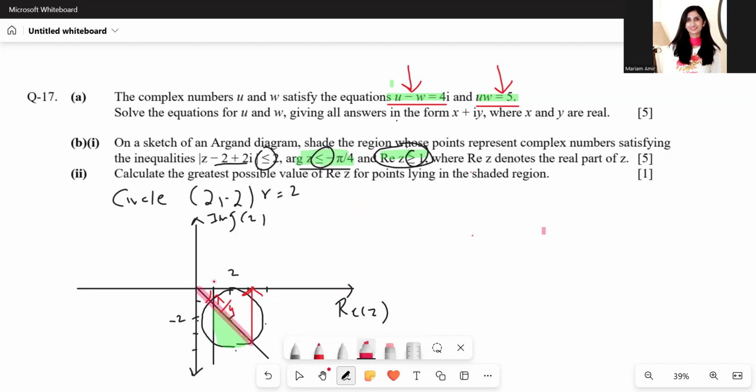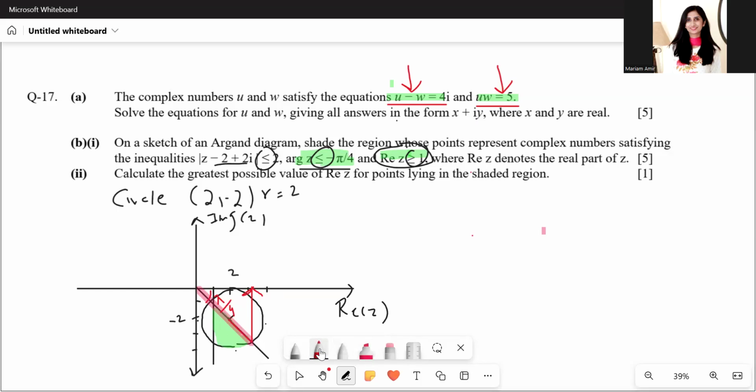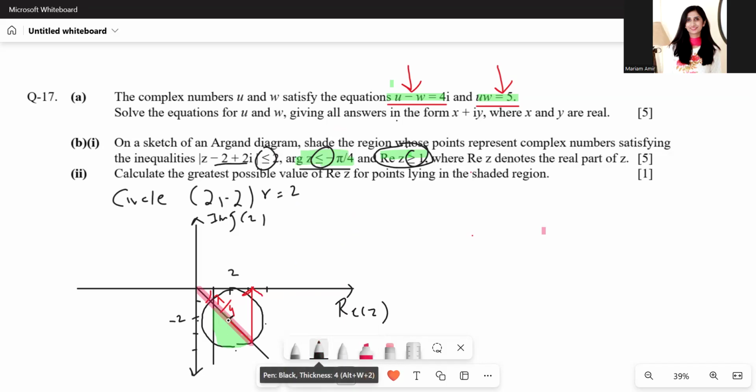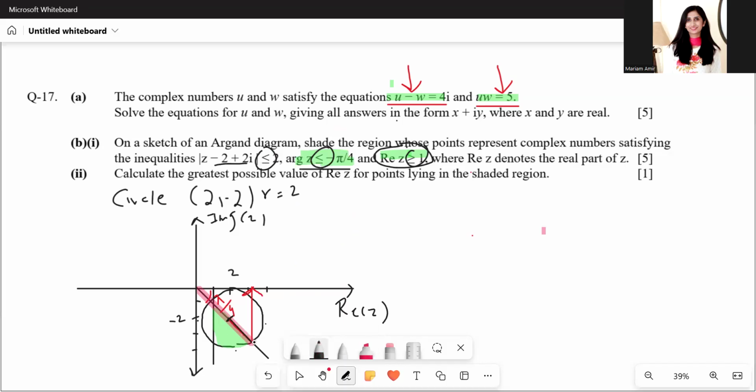How do we do that? We know the radius is 2. So this part is going to be 2. This part from here to here, it's going to be 2. And we will use the distance formula between the point 2 comma negative 2 and 0 comma 0 to get the remaining distance. Let's apply the distance formula on 2 comma minus 2 and 0 comma 0.